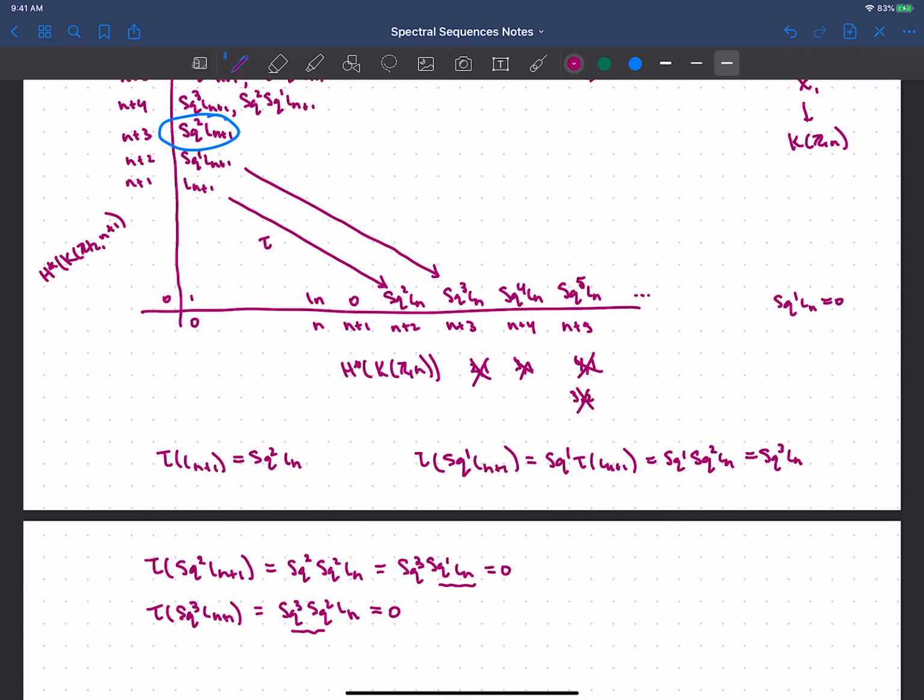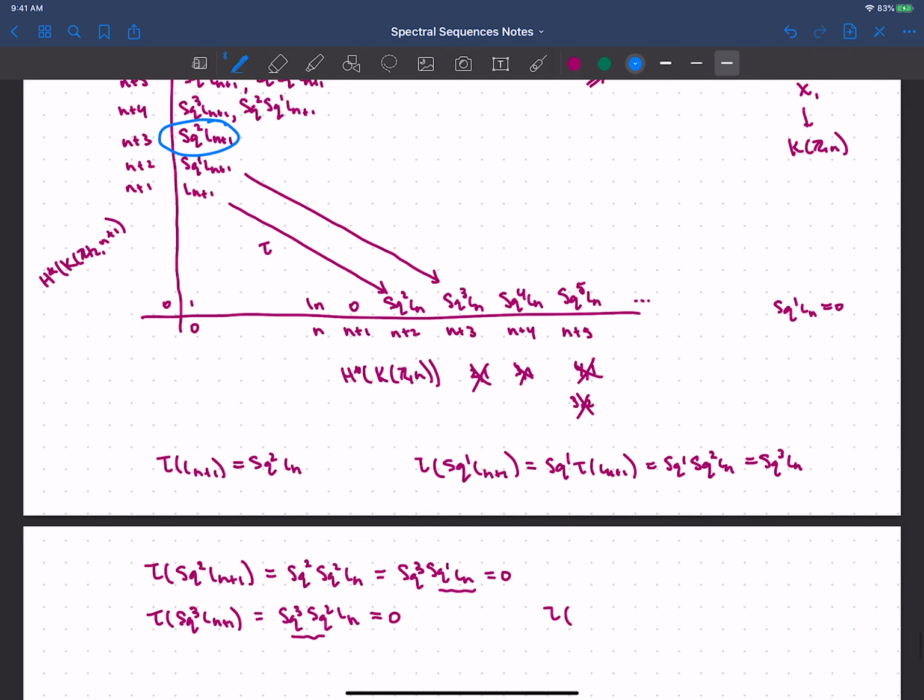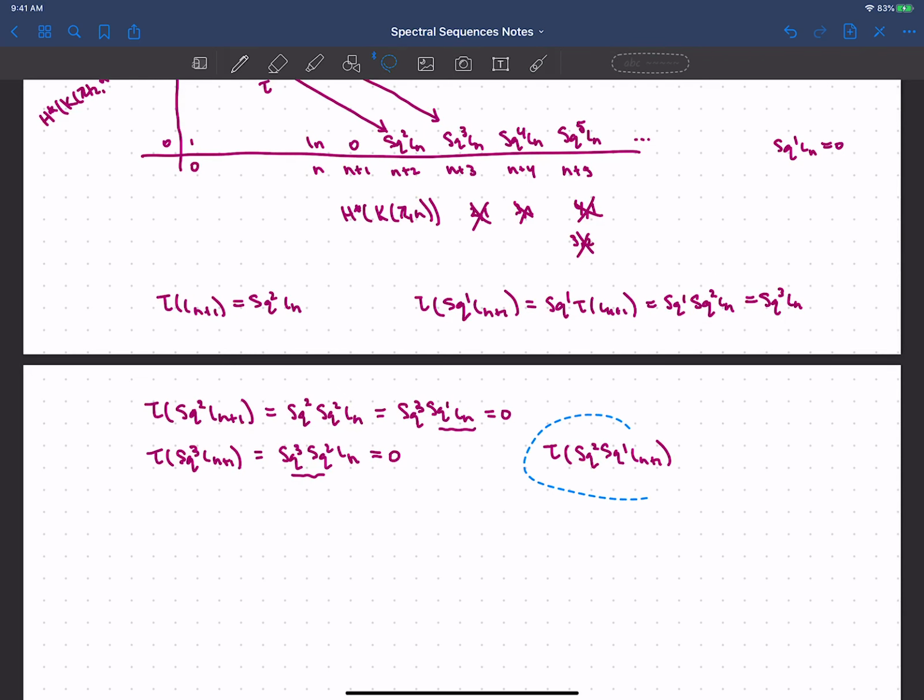So that's 0, and that tells us this one is in the kernel. Then I can look at Sq^2 Sq^1 ι_{n+1}. That's something else in that degree, and this is not going to fit here. So I'm looking right here and asking if that hits anything. But let me move this computation down.